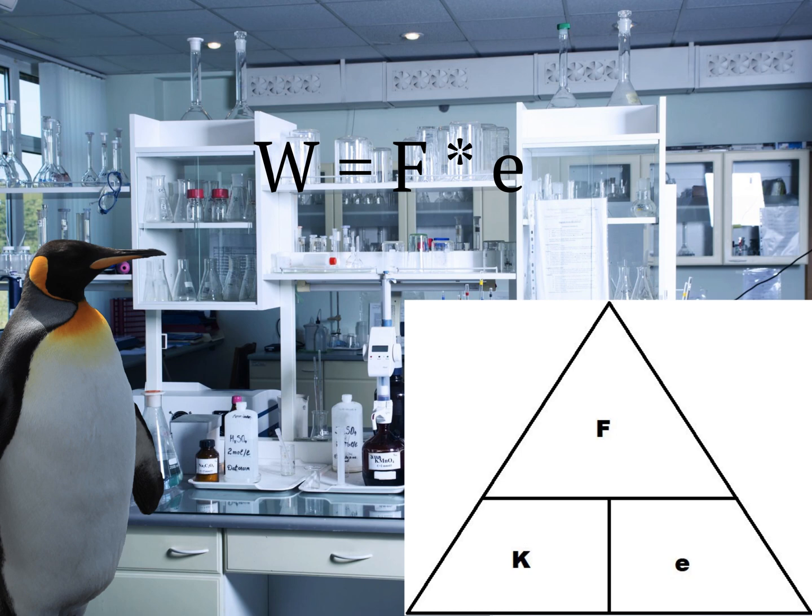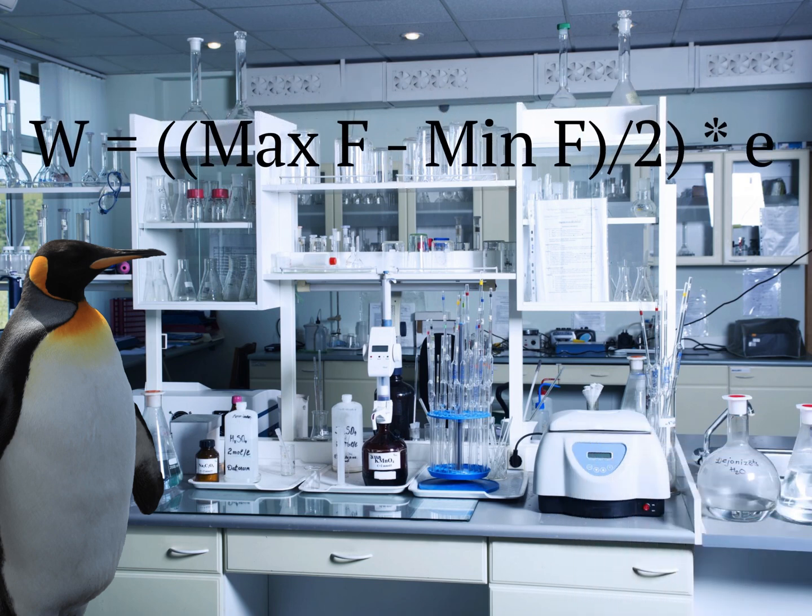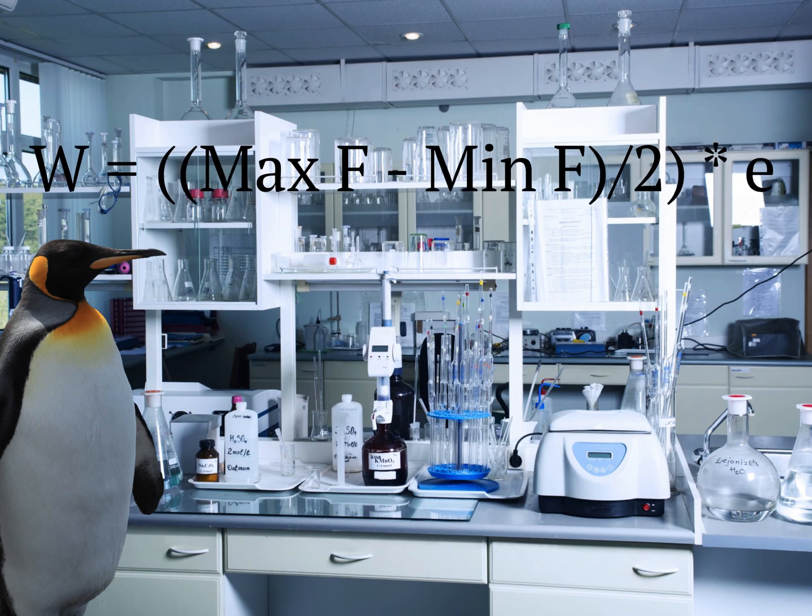Well, if the extension is proportional, then the mean of something will be the average of the smallest value and the biggest value. So that will be that the work is the maximum force, plus the minimum force, all divided by 2, and all of that multiplied by E. So what is the minimum force?